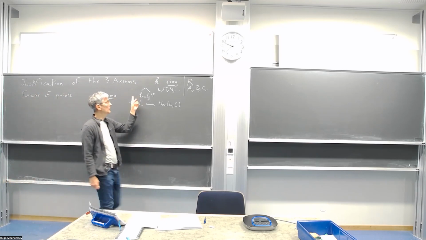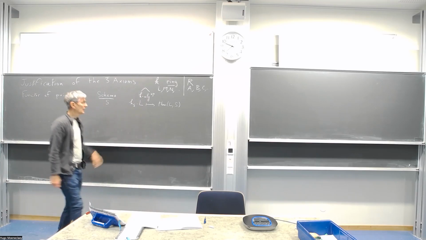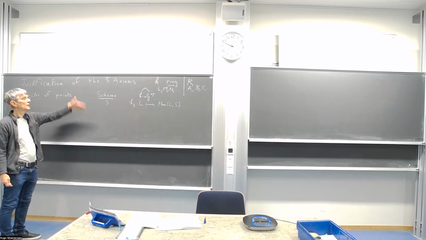So any scheme can be seen as a sheaf for the Zariski topology, and this correspondence is good.